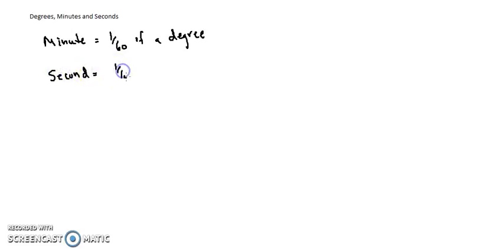So we have our degree unit, and then a minute is 1/60th of a degree. And a second is 1/60th of a minute, which is 1/3600th of a degree.